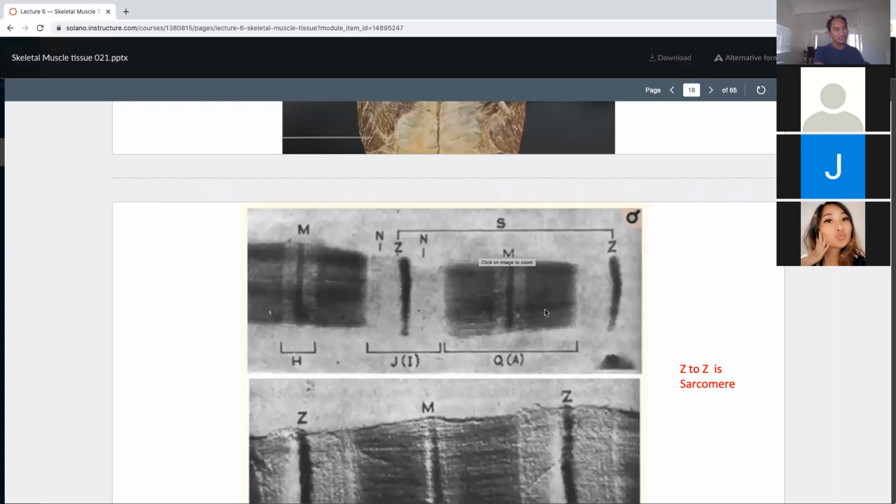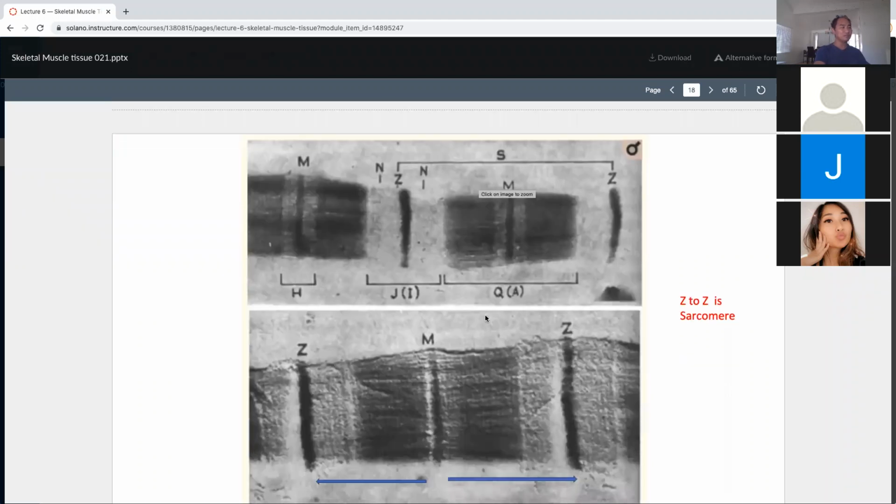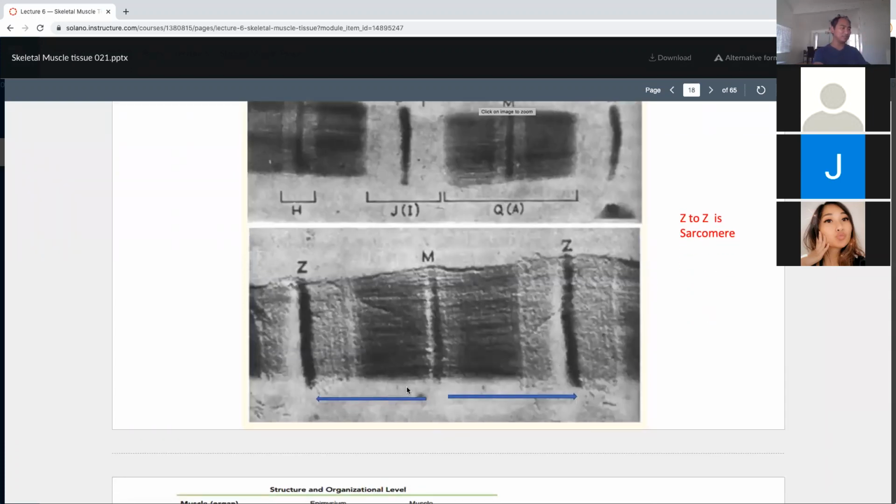Because in the center of the sarcomere you have the overlap between the actin and myosin, therefore it is much darker in the center. So this must be Z, this must be Z, and this must be M. M for middle, Z is the end of a sarcomere. So this is a sarcomere.